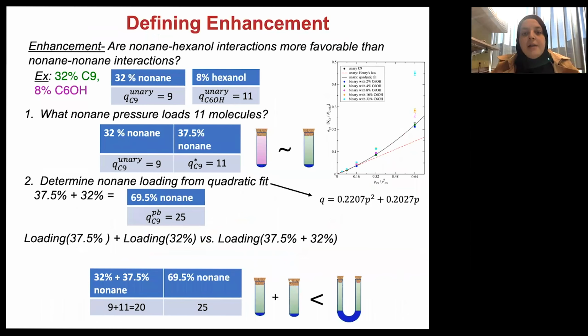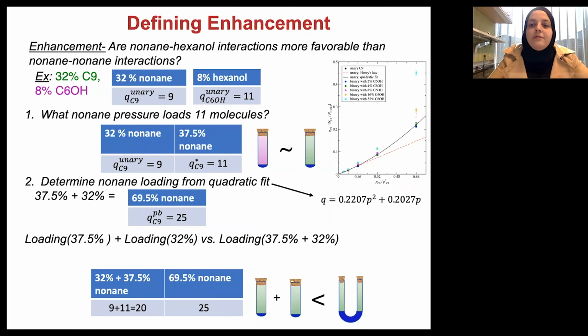Is there an added level of synergy that occurs in the presence of both the different types of solutes? We want to now define enhancement. What is enhancement? Well, basically we want to see if the nonane to hexanol interactions are more favorable than the nonane to nonane interactions or hexanol to hexanol interactions.